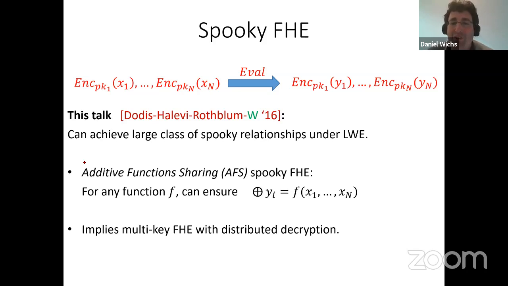So the partial decryptions are just the Yi's, and then the parties send them and you just sum them up to get the output. So spooky FHE is in some sense just a special case of multi-key FHE with a very simple distributed decryption, where the parties just locally decrypt, get a secret share of the output, and send the secret shares and sum them up.